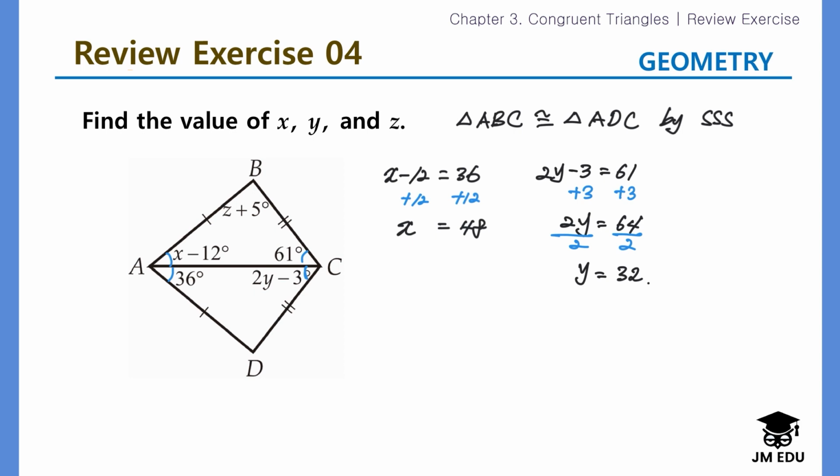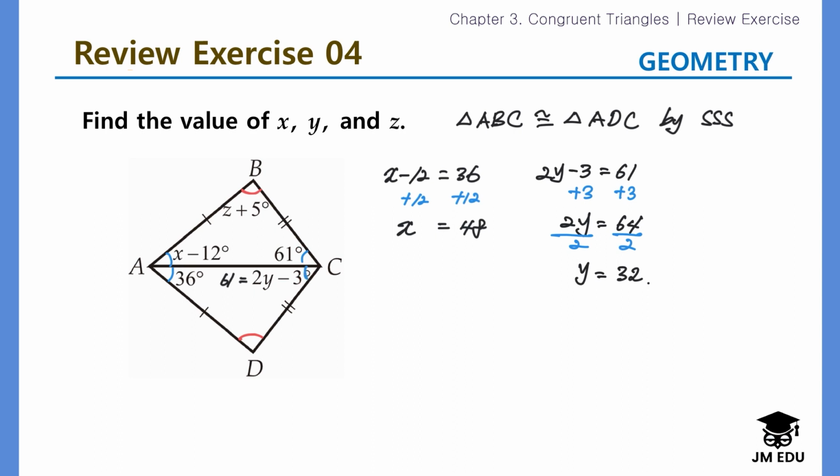So far so good? Okay, so angle B right here, corresponding angle, angle D, they are congruent, right? But we don't know what the angle D is. Here we have 2y minus 3, that is equal to 61, right? Because this angle right here, this angle right here, they are congruent, right?